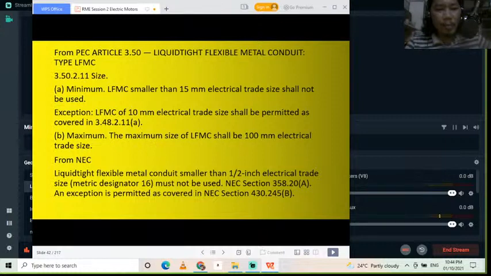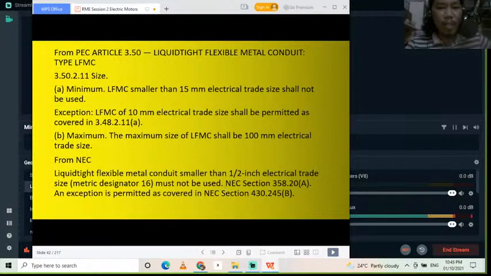Kaya lang, yung pamimilian natin ay wala po dun sa ating mga nabanggit pagdating sa Philippine Electrical Code, kasi po, ang mga nakalagay dun ay in English system. So, from National Electrical Code, liquid tight flexible metal conduit smaller than 1/2 inch electrical trade size, metric designator 16, must not be used.